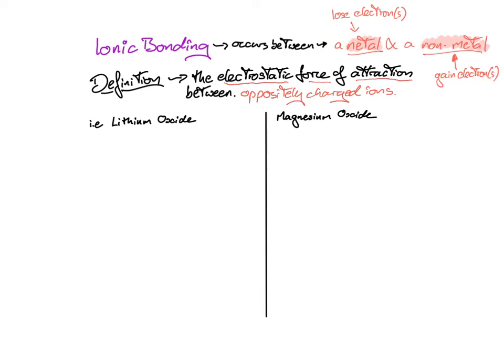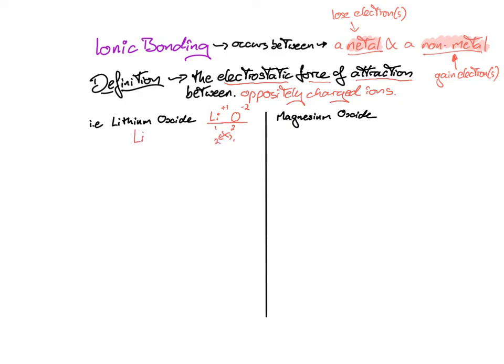So, lithium oxide. Li, it's the symbol for lithium, and it is in group 1, so it's going to be a +1 ion. Oxygen, just O, just the symbol, and it is in group 6, so it is going to be a -2. Draw my line underneath, take down the size of the charges, cross them over, 2 and 1.